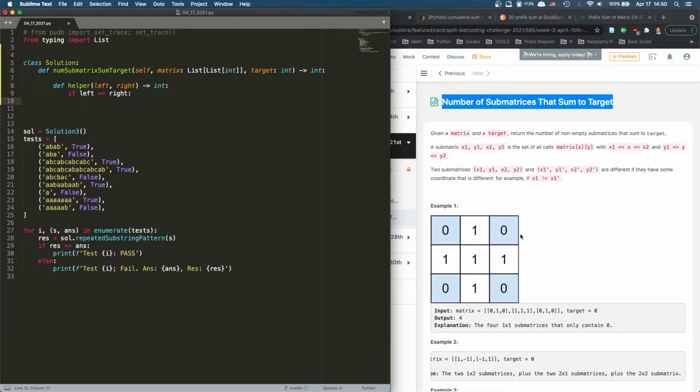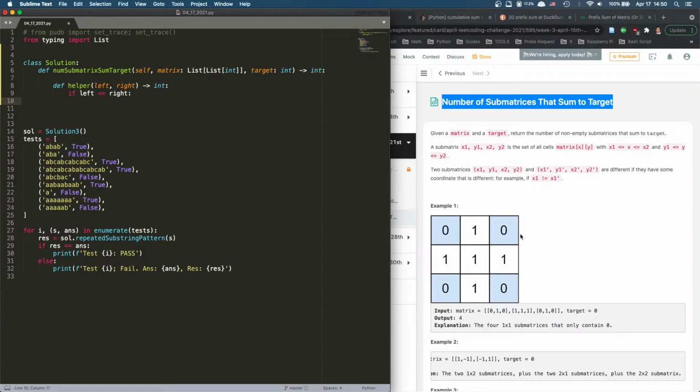We just need to do a combination on that. So it's basically choose 2, and it's a combination where you can repeat. You can choose 0, 0, 0, 1. I prefer to do a sliding window on this.